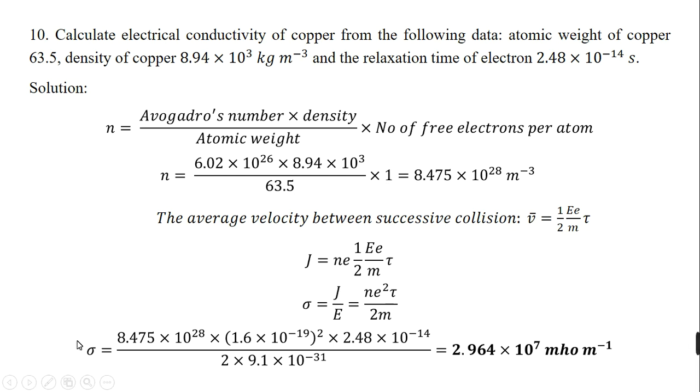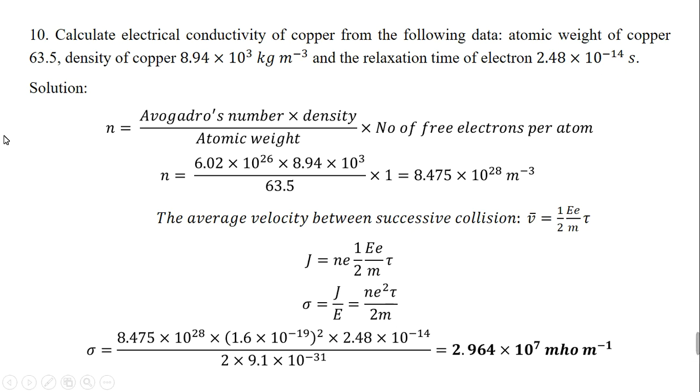Now go on and substitute the value. Sigma is equal to N, you substitute this value, into e square, 1.6 into 10 raised to minus 19 whole square, tau is given as 2.48 into 10 raised to minus 14, divided by 2, and m is mass of the electron, that is 9.1 into 10 raised to minus 31.